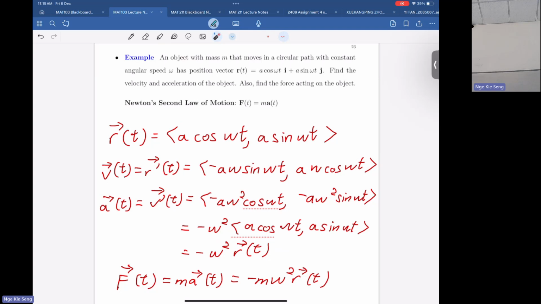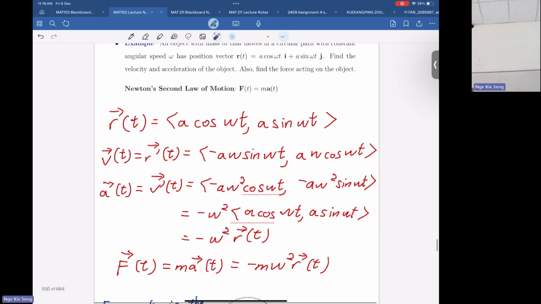If you keep your angular speed the same but your radius increases, your speed will increase. So this is another factor that controls the speed of your curve. They call it omega here.